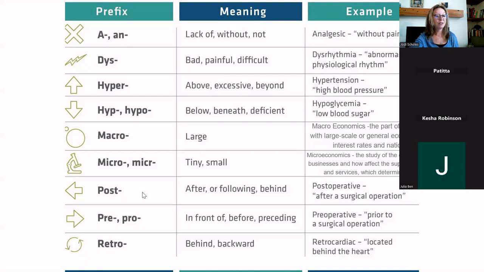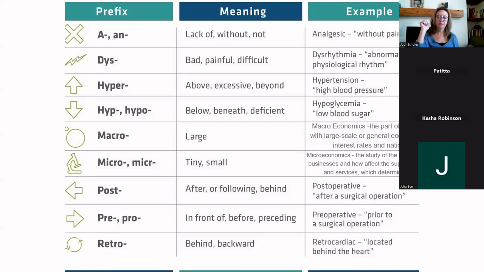All right, post, after or behind. Post-operative, after a surgical operation. Prefix pre, in front of, before, preceding. So pre-op, prior to the surgical operation.